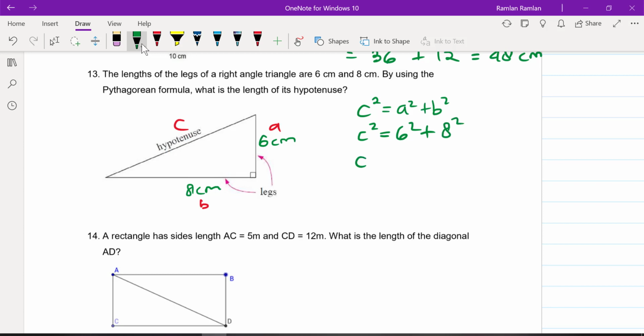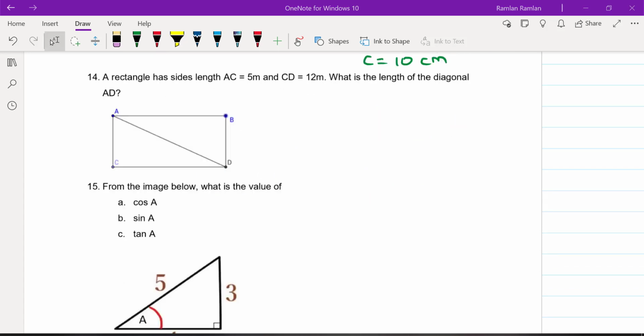So C squared equals 36 plus 64, which is 100, so C is equal to the square root of 100. We get rid of the square by using the square root, so the square root of 100 is equal to 10. Because it's in centimeters, this is going to be centimeters.